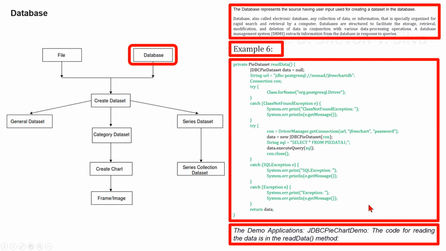Now we are considering the JDBCPieChartDemo in the demo application. The code for reading the data is in the readData method.